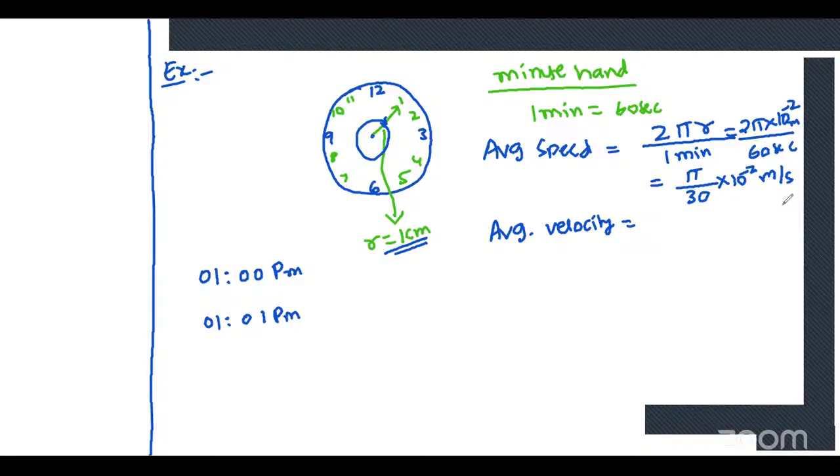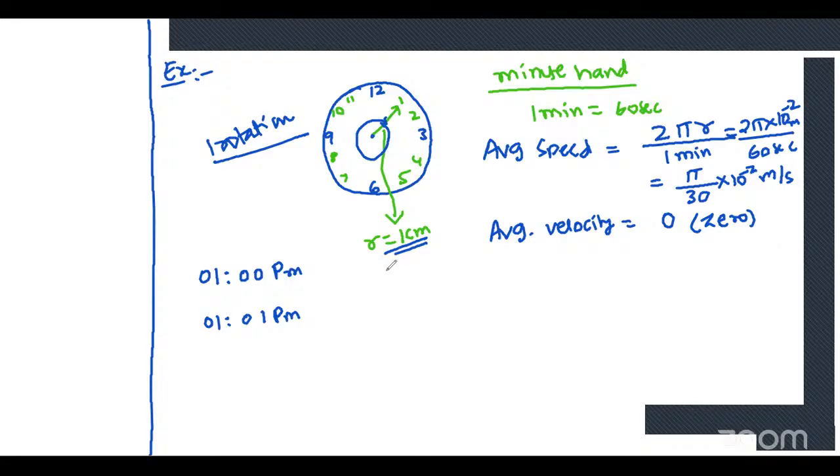Whenever it completes one rotation, what will be the displacement? 0. So displacement is 0, which means average velocity is 0.